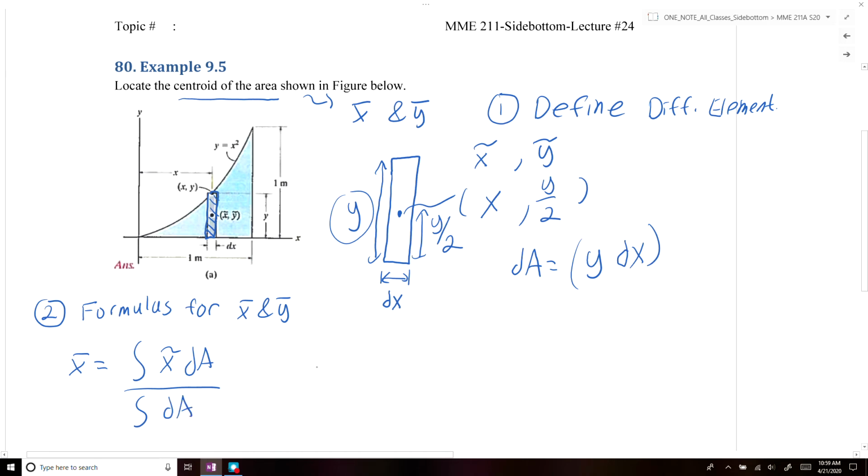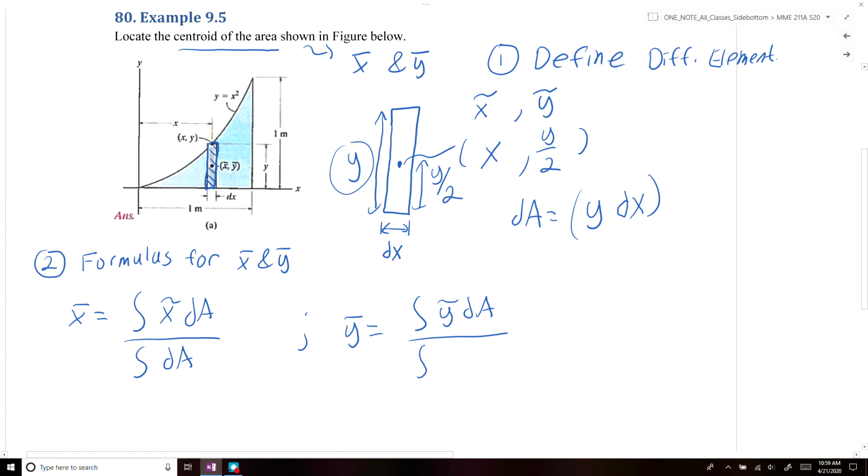And then for y bar, it would be equal to the integral of y tilde dA divided by the integral of dA.